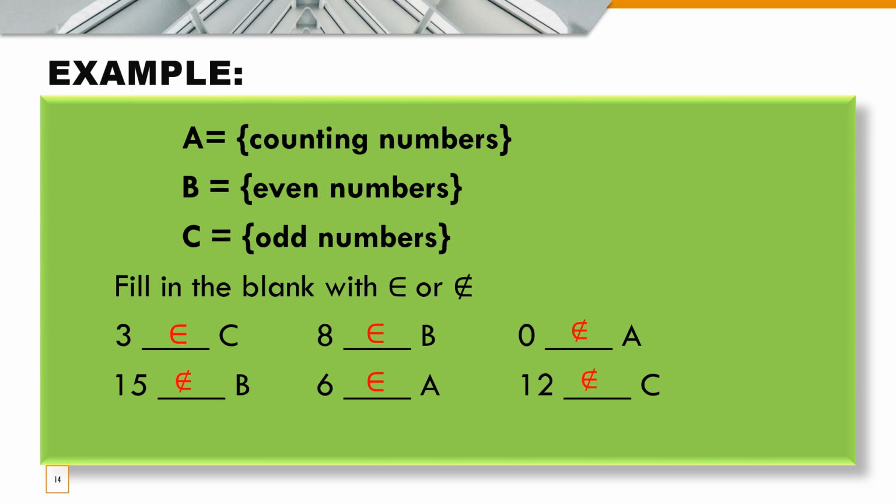It's an element of set A, because 6 is a counting number. And last, we have, right, it's not an element because 12 is not an odd number.